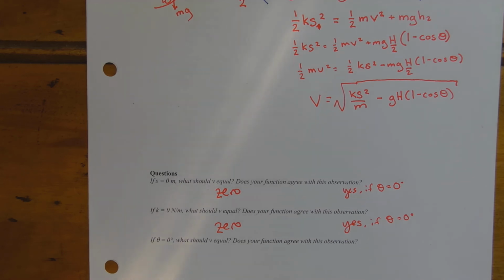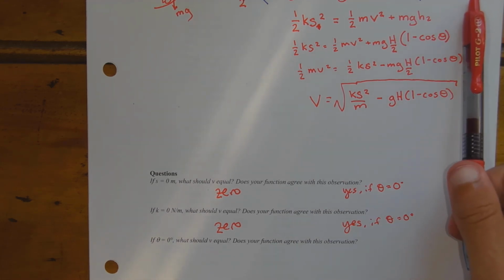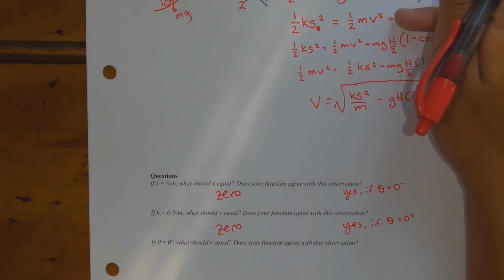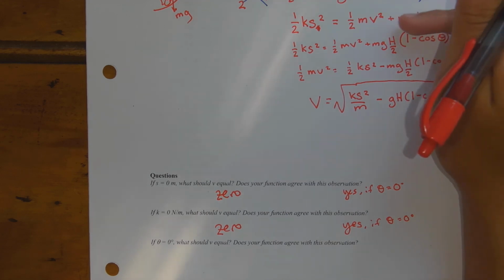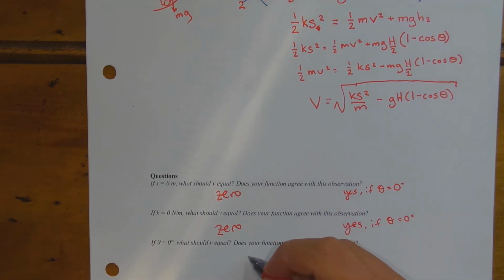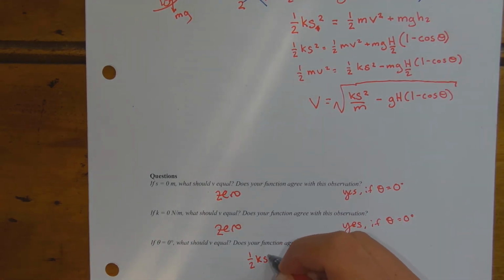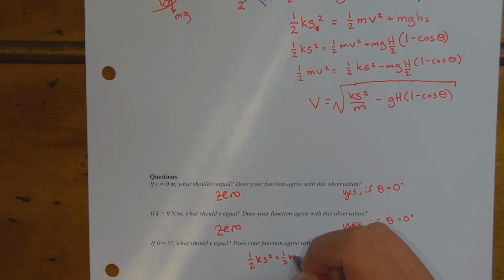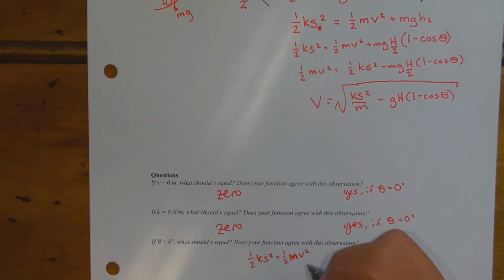If theta is equal to 0 degrees, what should v be equal to? Well, that would be if the height never changes. So that would be what we get by solving this equation without the second term here. So we'd have 1/2 k s squared is equal to 1/2 m v squared.